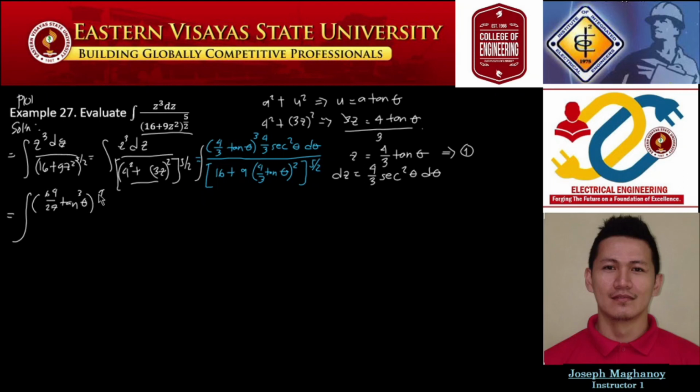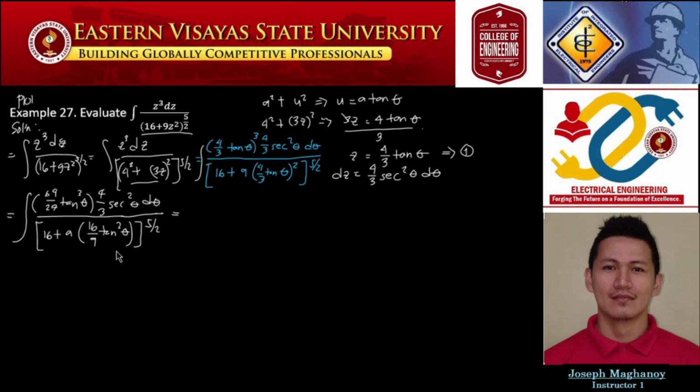So we copy the neighbor, 4/3 secant squared theta d theta. And for the denominator, we need to square 4/3 tangent theta first. So 16 plus 9 quantity, the square of 4/3 is 16 over 9 tangent squared theta, of course raised to 5 halves.